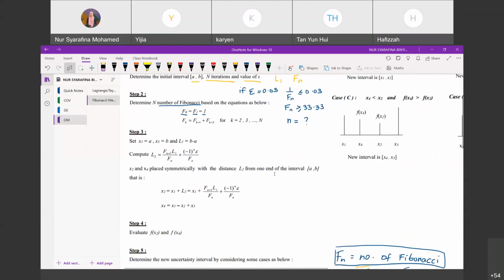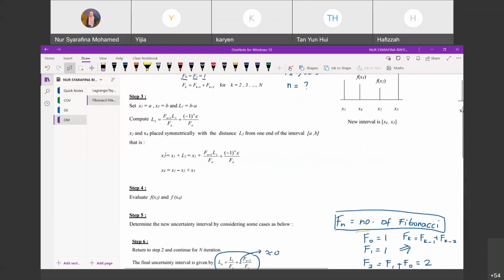And then set x1 equals A, x3 equals B, L1 equals B minus A, and compute L2. Remember, L2 is given by this formula, but this epsilon is approximately 0, so just focus on this part.